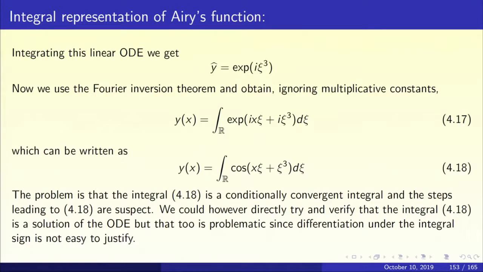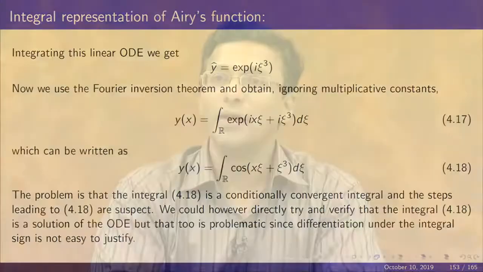Alright, now the exponential should be written as a cosine and a sine. Exponential of i x chi plus i chi cube will be cosine of x chi plus chi cube plus i times sine of x chi plus chi cube.